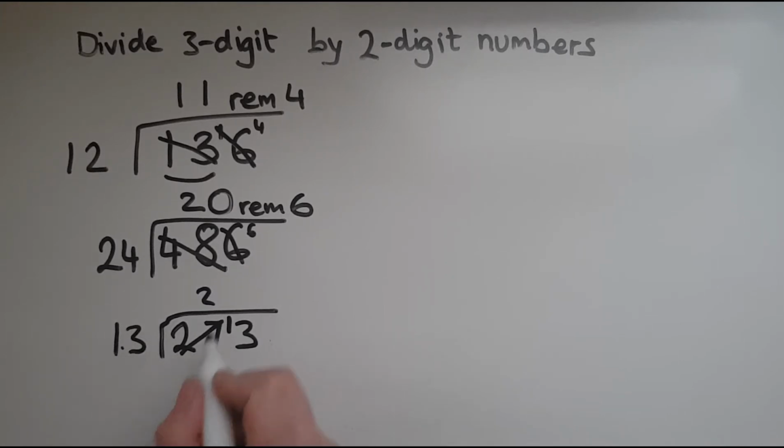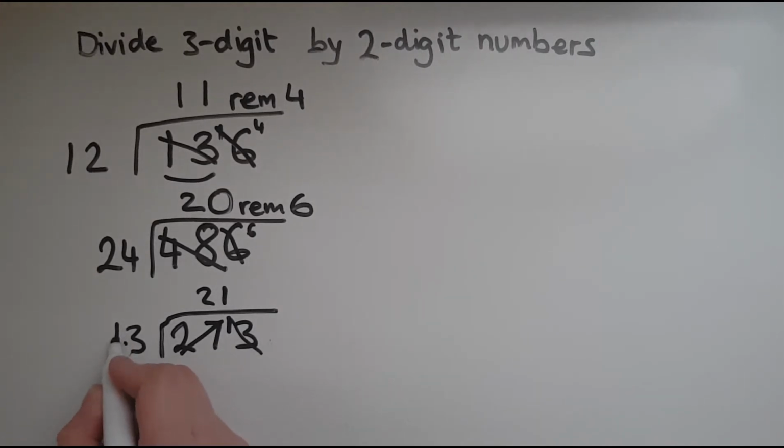So 13s into 13, there is just 1, and there isn't anything remaining, so the answer is 21. So 273 divided by 13 makes 21. And this illustrates how to divide 3-digit by 2-digit numbers. And we'll now look at some real-life examples.